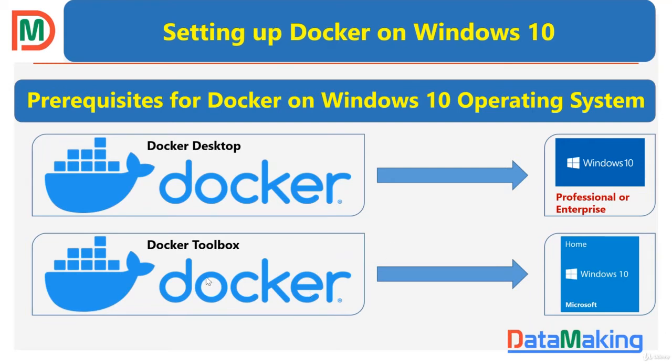In this section, I'm going to focus on Docker Toolbox. I'm using a laptop with Windows 10 Home Edition, so I'm going to do this Docker Toolbox setup. If you are using Docker Desktop, it is going to be almost the same; you just use a different installer and install it. It is a simple step.